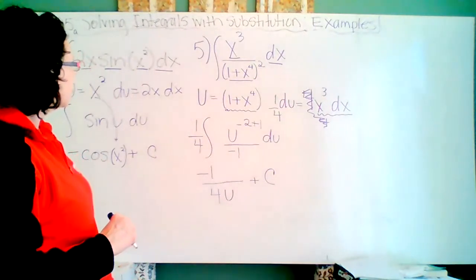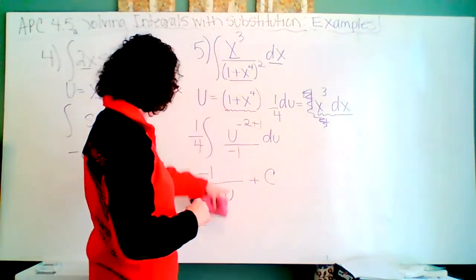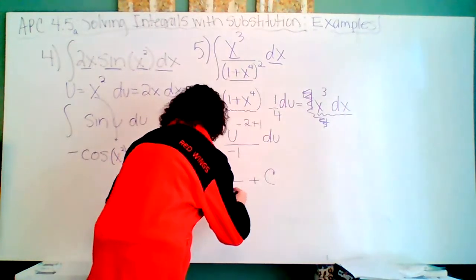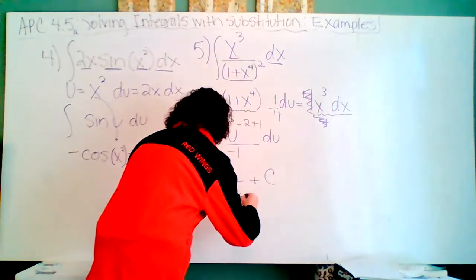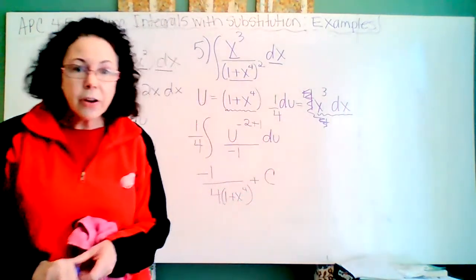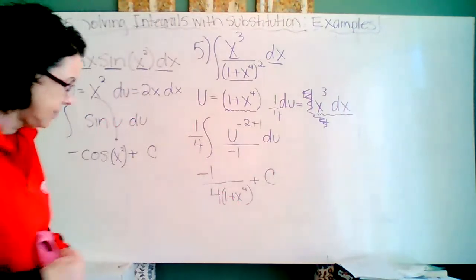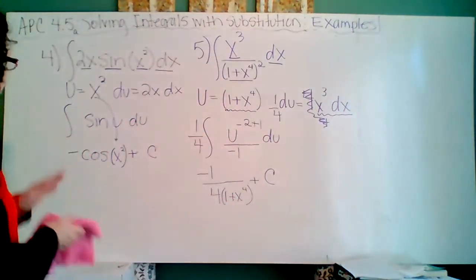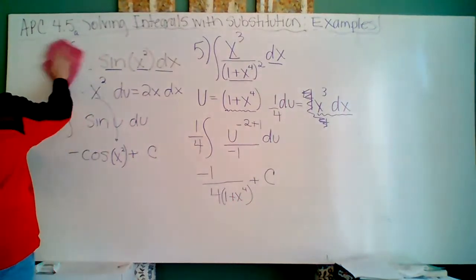Now that I'm done integrating, I can put my u right in here. My u is 1 plus x to the 4th. Again, if you took the derivative here, you would see that you have the correct answer. Okay, one more, number 6.